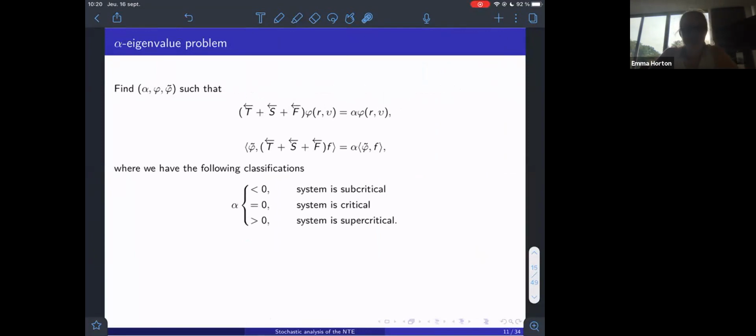What we're interested in is looking at the leading order behavior of this backwards equation. And this involves finding the leading eigentriple.